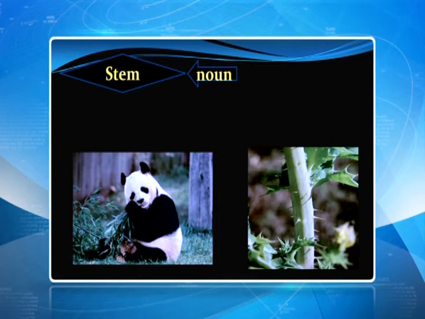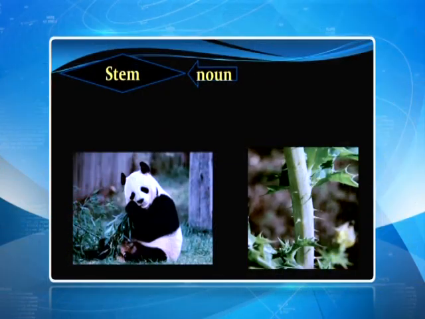Well, the word here is stem. Stem, as a noun, and the picture can also show the meaning of the word stem. If we're talking about a plant, the plant has three main parts. Any plant has roots, that is under the ground or under the soil, and then we have the stem, and the stem carries the flowers and the leaves.